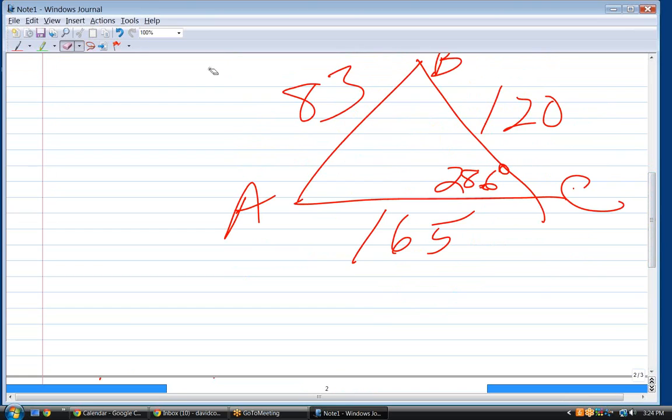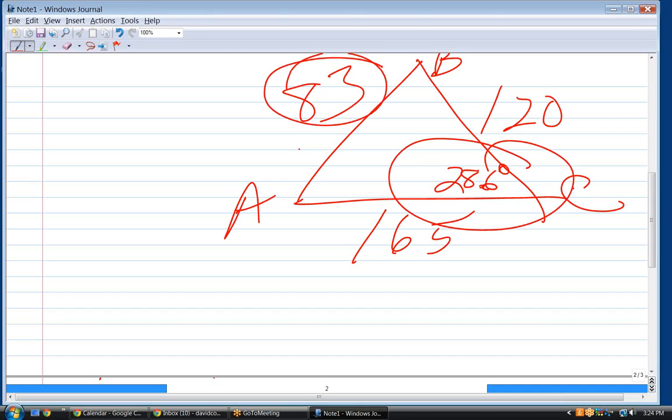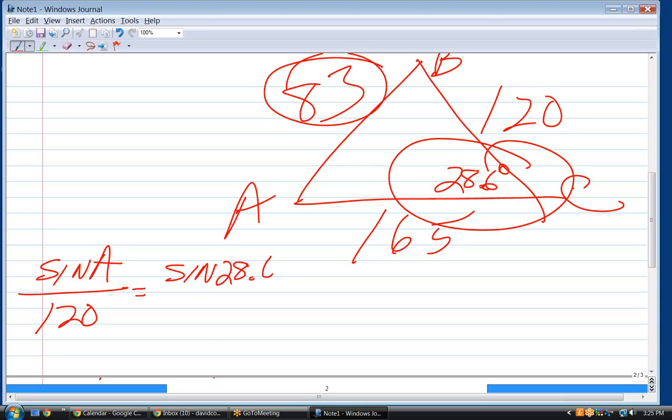So now that I have this angle, and I know its opposite side, what can I say? In other words, I still need to solve for angle A and angle B. Yeah. So I'll start with angle A: sine of A over 120 equals sine of 28.6 degrees over 83. Right.